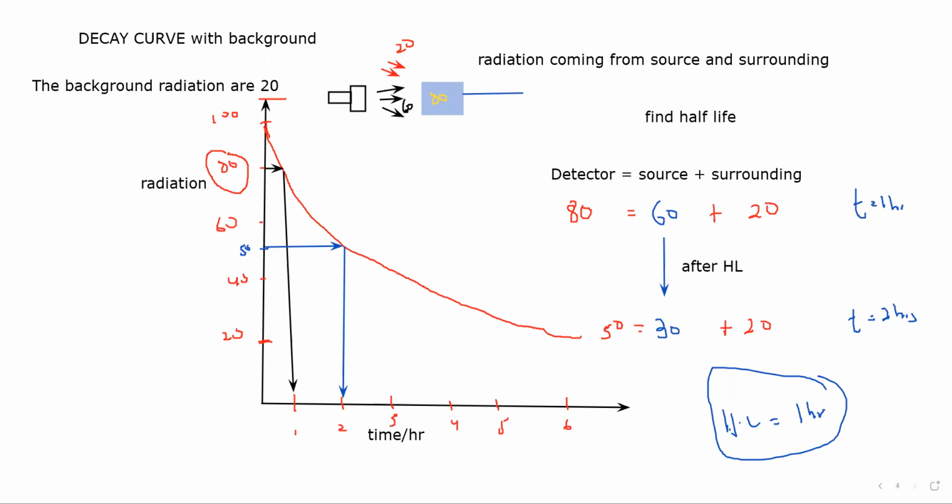But after a half-life, only the source radiation will be halved, and the surrounding radiation will remain the same. So the source radiation, which was 60, will become 30, but the background radiation is still 20. So what will be the reading on the detector after the half-life of the source? Because we are finding the half-life of the source, the reading on the detector will be 20 plus 30, which equals 50.